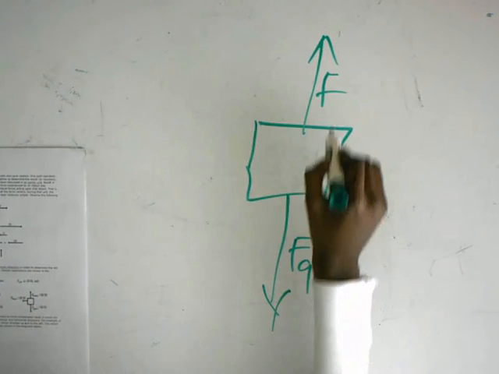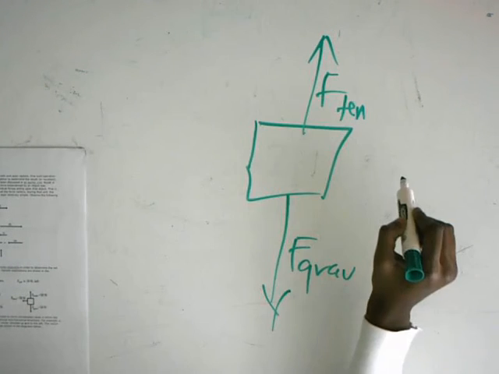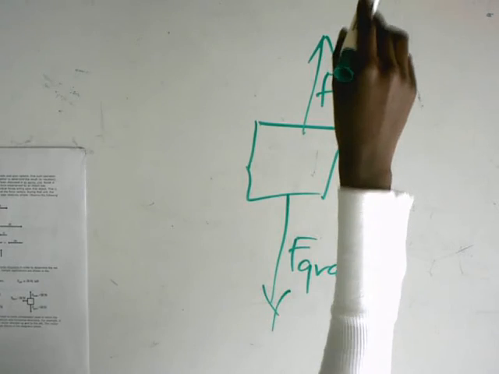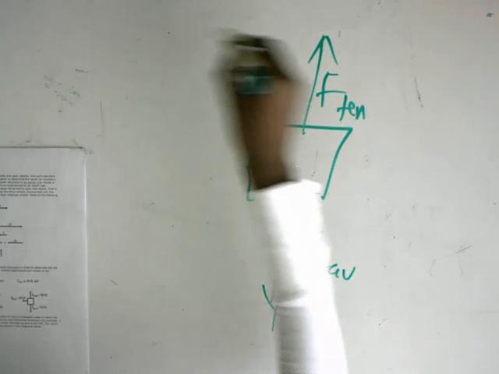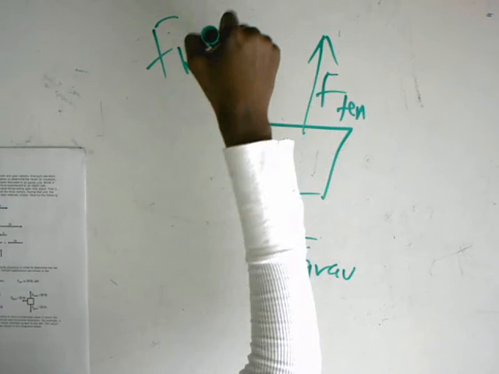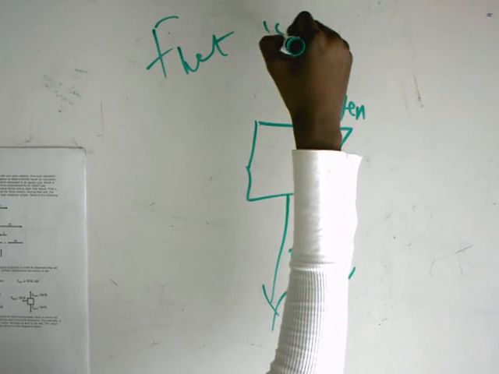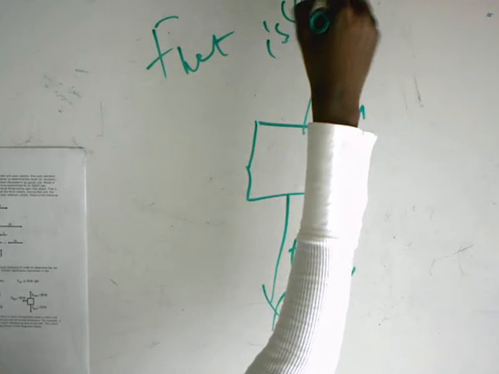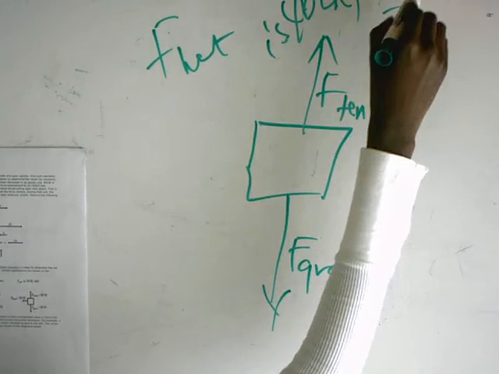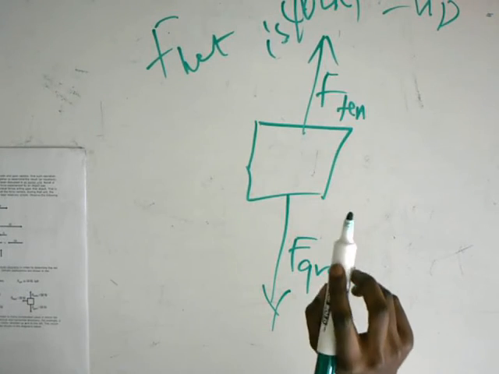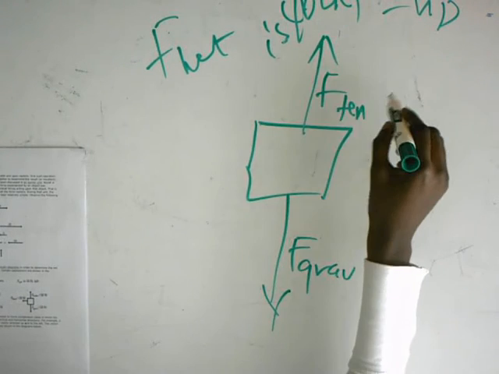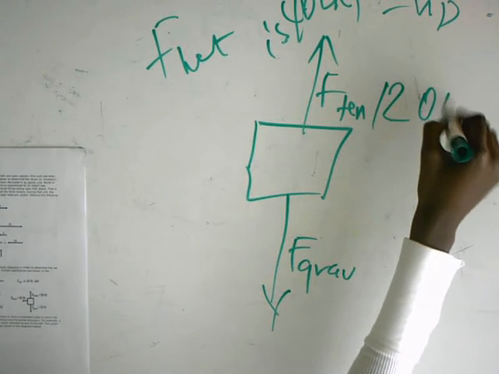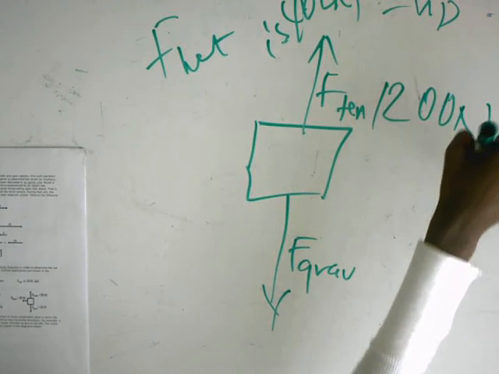So, force of tension, force of gravity. So the net force is 400 newtons up, and the tension force is 1200 newtons, and the force of gravity is 800 newtons.